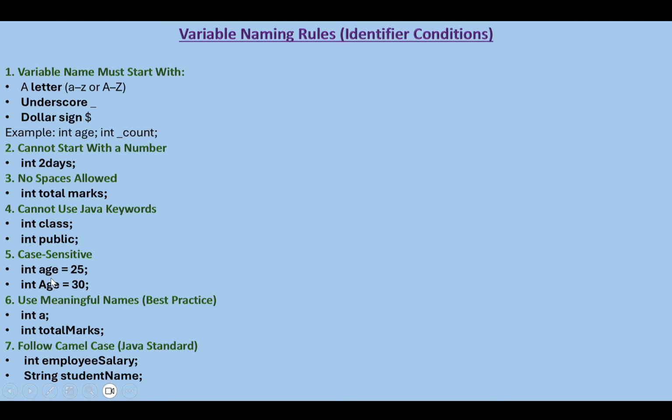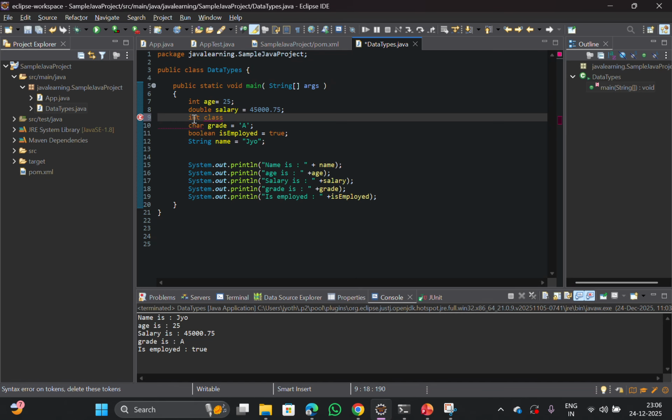Now the next thing, age, case sensitivity. Let's try to understand the case sensitivity also. We are already having one age variable. Let me try to create another age variable, but with a slight difference. The first letter in the first variable is in lowercase, and here we are having it in uppercase. So let me assign another value here, and let's try to print this variable as well.